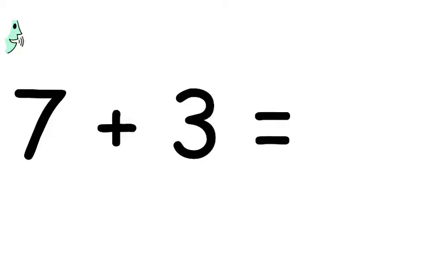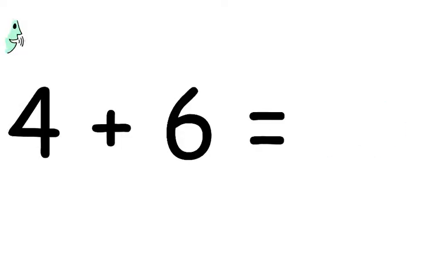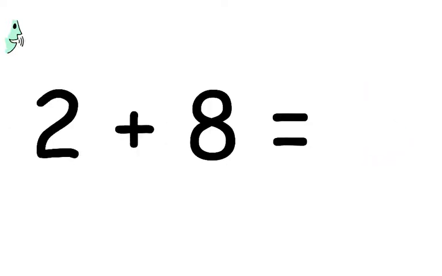Alright, here's our warm-up. I'm going to say the equation, then you're going to say the equation and the answer. 7 plus 3 equals 10. 4 plus 6 equals 10. 2 plus 8 equals 10.